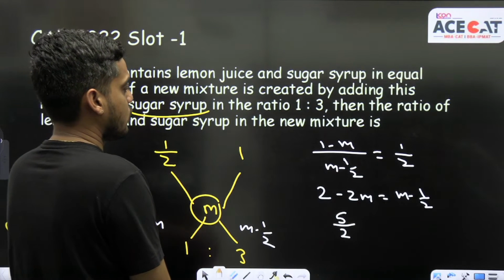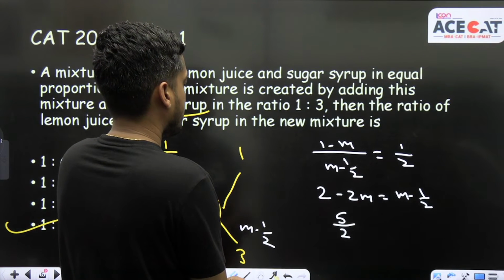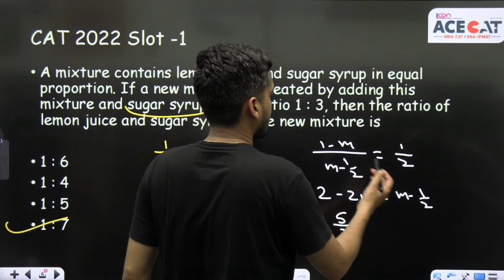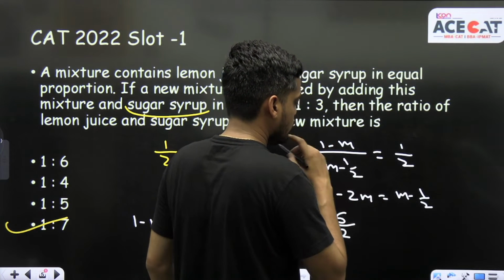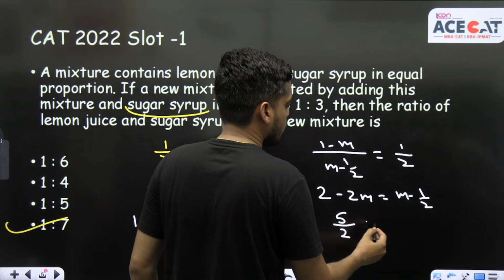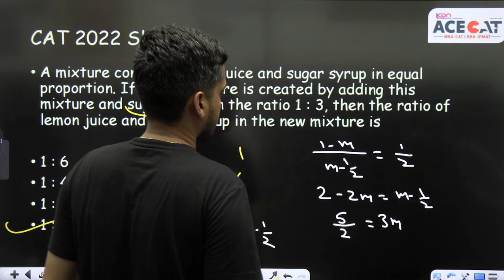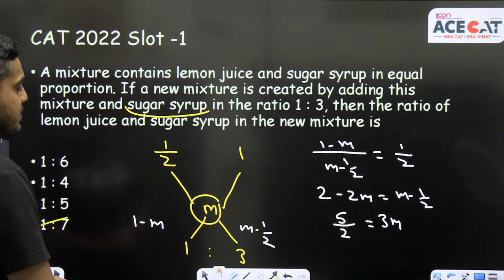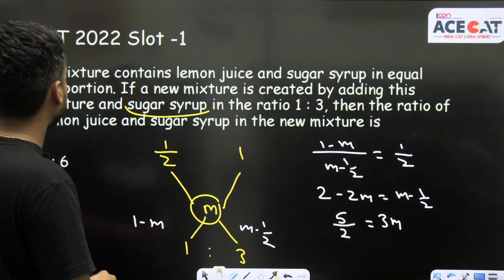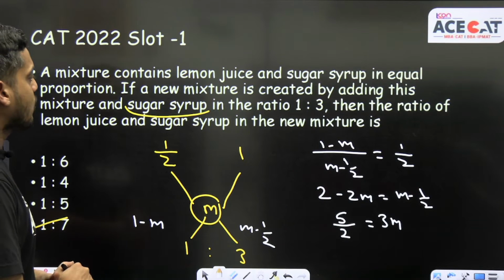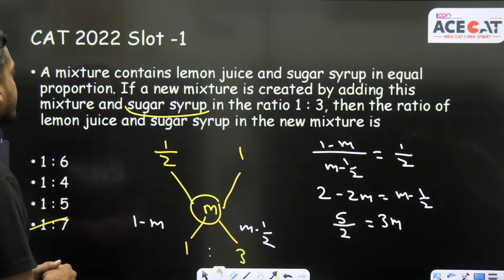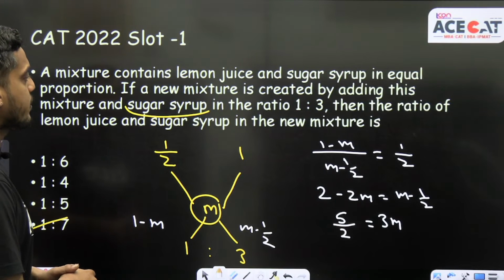Just solve this, guys. M minus 2M, M minus 1 by 2. So 5 by 2 will be equal to 3M. No, guys, I think one thing, guys. 1 out of 2 unit. If a new mixture is created by adding this mixture and the sugar syrup in the ratio of 1:3.